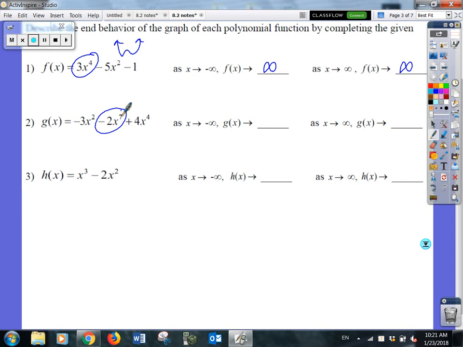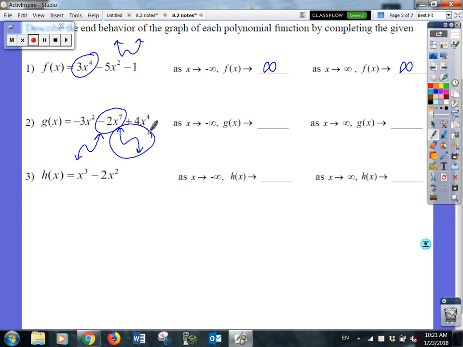And that negative is going to help us. So with opposite, our options are either down to up or up to down. We've got to pick which one of those. Because of this negative, our right is going to be going down, so that's what our picture is going to look like. Now, in the middle, there's going to be all kinds of turns. It doesn't matter what happens in the middle, just what happens on the ends.